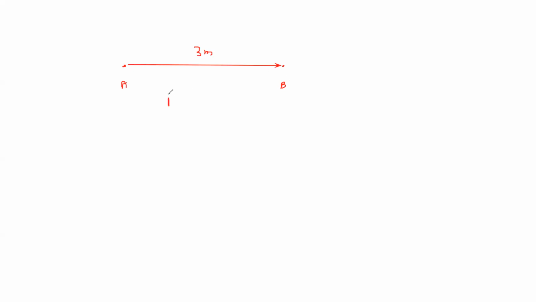As it does not change direction, the distance moving from A to B is 3. And what about displacement? That is also 3 meter, but displacement is a vector quantity, so north, south, east and west, or you can say right. In this example it is moving towards east, or towards the right hand side. So whenever an object moves in a straight line, the distance and displacement are the same.